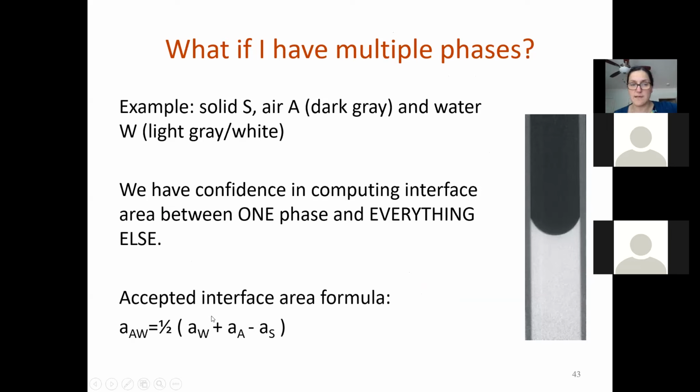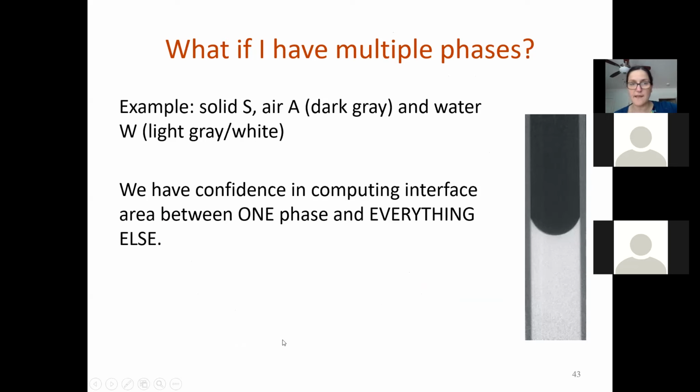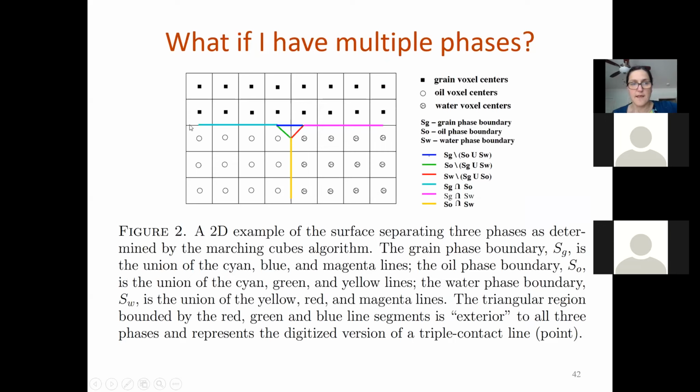Water, area around water, and in this case, air and solid. So if I took this area plus this area, okay, then I'm going to basically double up this area and I'm going to get 1 solid. So if I subtract solid and divide by 2, I will get an estimate of this interface area.